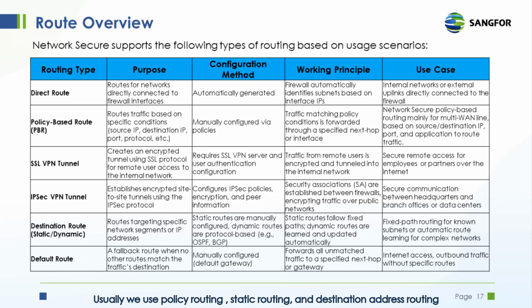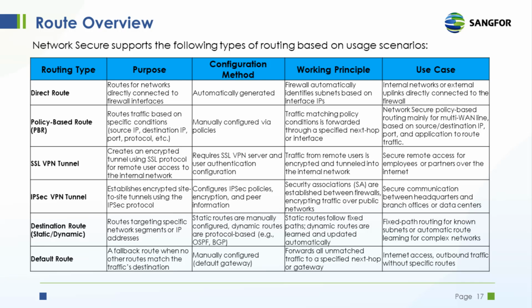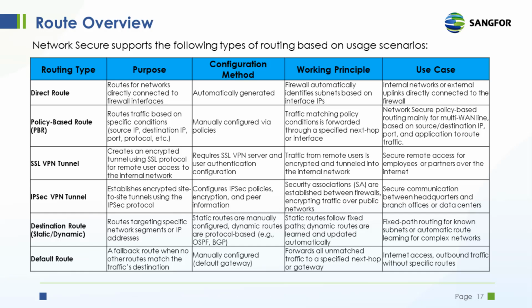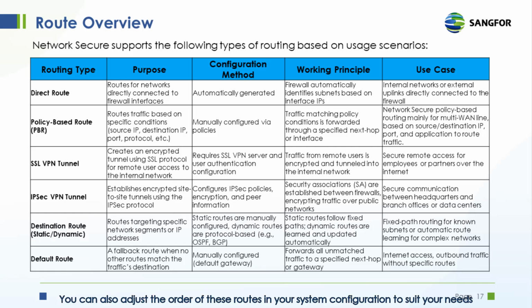Usually we use policy routing, static routing, and destination address routing, and default routing. The following routes are listed from top to bottom in decreasing priority, which is the default route order. You can also adjust the order of these routes in your system configuration to suit your needs.